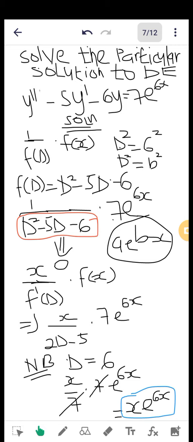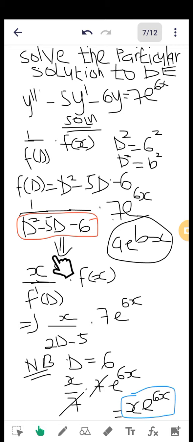Upon making a substitution here, we know that the whole equation will be 0, because we are going to get 36 minus 30 minus 6. So minus 6 minus 30 will be minus 36 plus 36. Then we will get 0. Upon getting 0, we choose a particular constant x. We are choosing a constant x in order to make it unique.